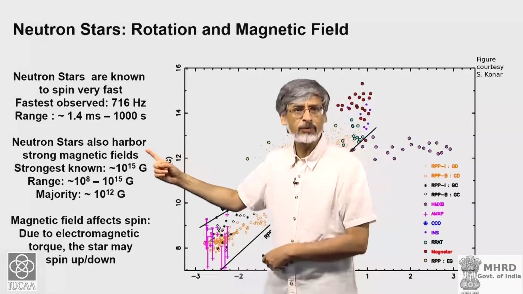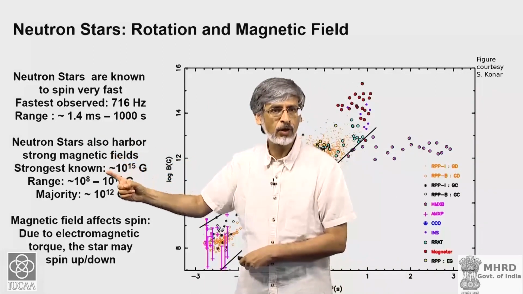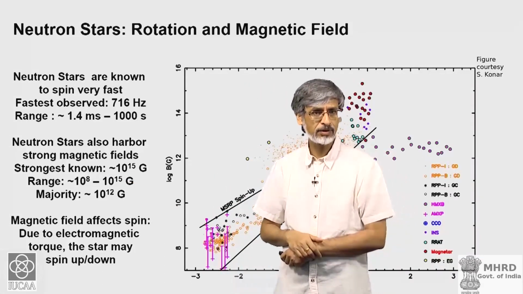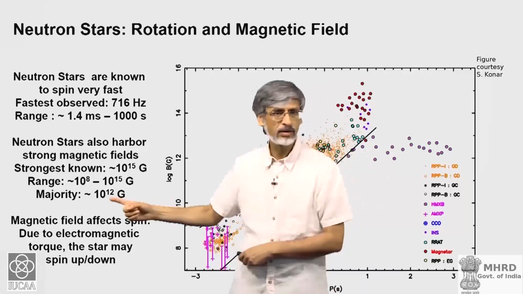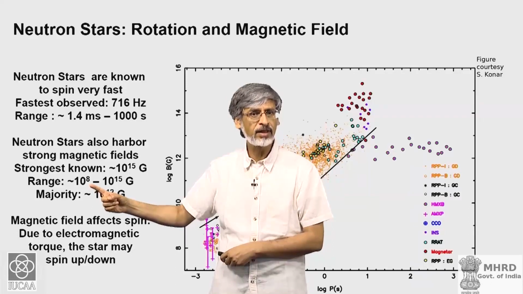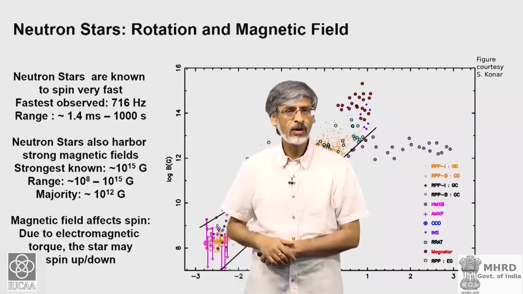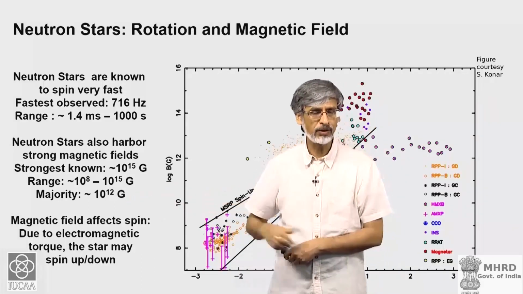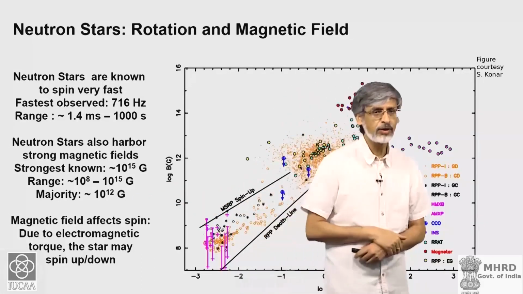Neutron stars also harbor very strong magnetic fields. The strongest known magnetic fields are about 10 to the power of 15 Gauss, and the range that one has observed so far lies between 10 to the power of 8 Gauss to 10 to the power of 15 Gauss, with the majority of neutron stars lying around about 10 to the power of 12 Gauss. So, these are extremely strong fields indeed.